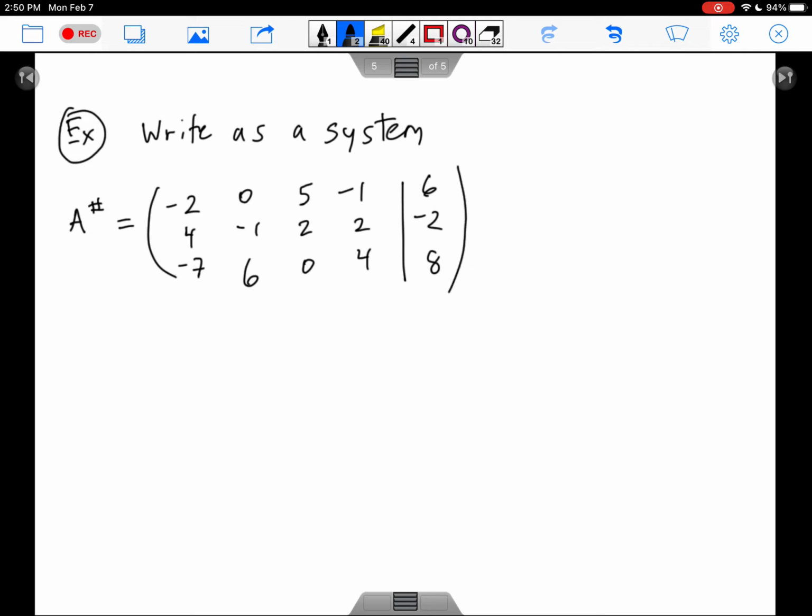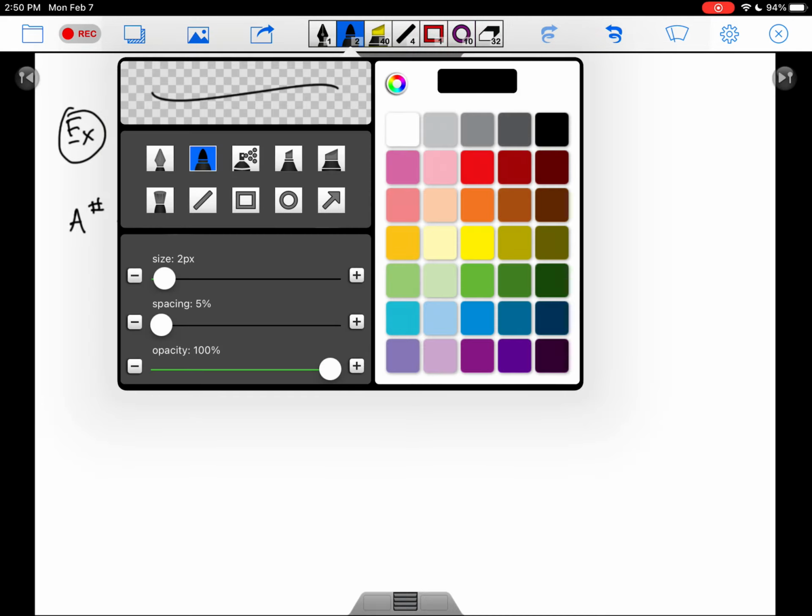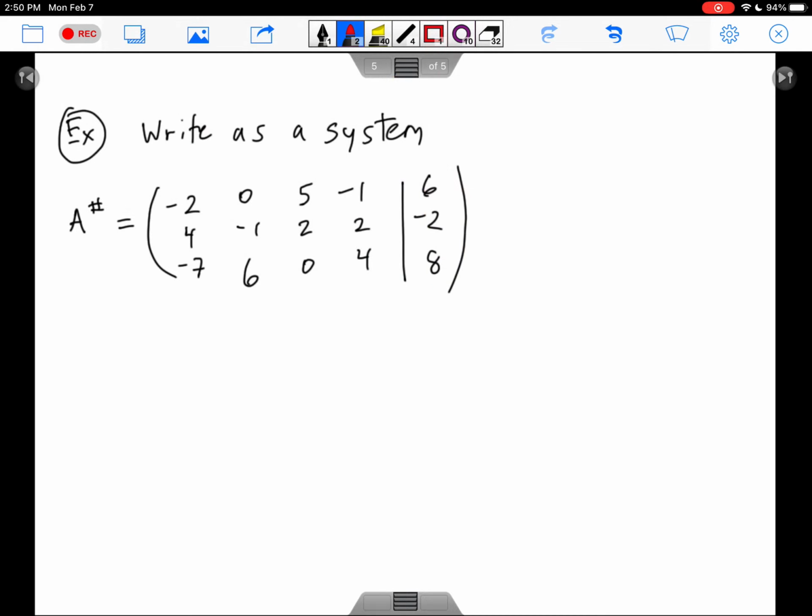So this corresponds to a system of equations. Let's write it in equation form. How would we do that? How many unknowns are there? Well, there are 4 columns to the left of the line, so each of these corresponds to the coefficients of the corresponding x's that I'm writing. So we've got x1, x2, x3, and x4, and the ones on the right are the constants.